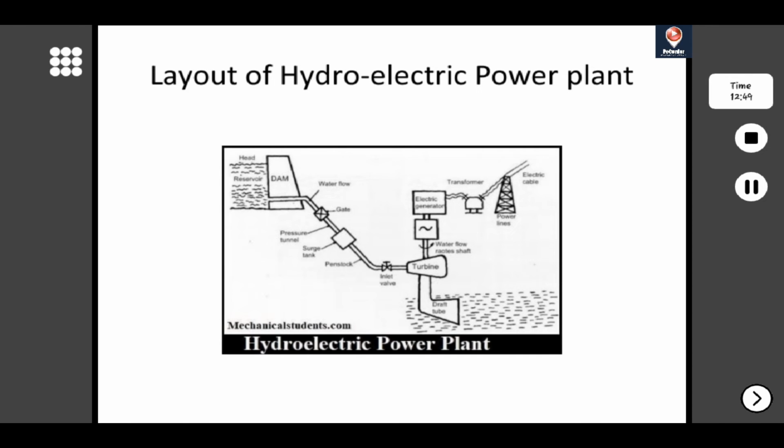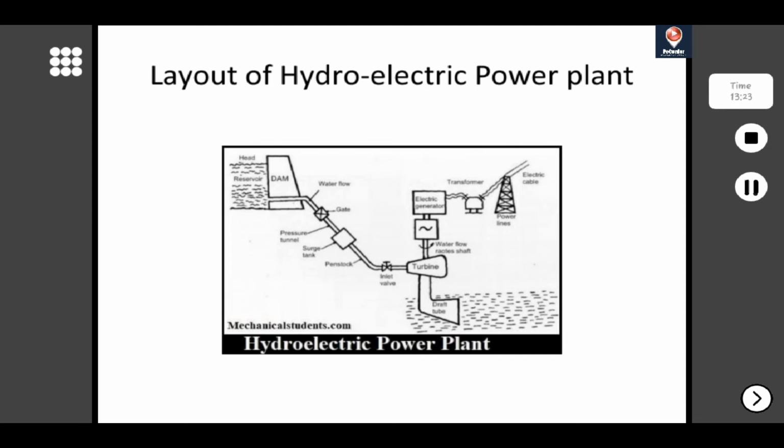Here the turbine shaft is connected to the generator. This generator converts mechanical energy into electrical energy. After reaching our desired power, the remaining water can be used for agricultural purposes.